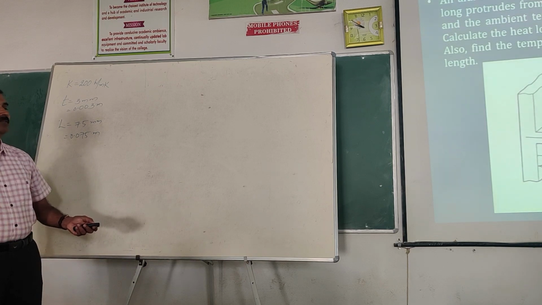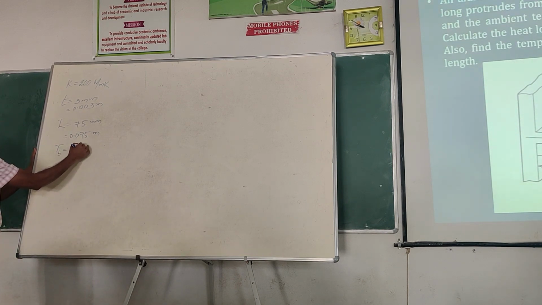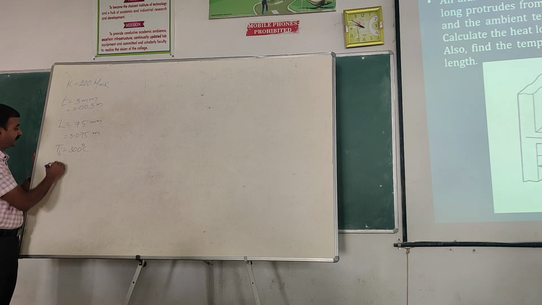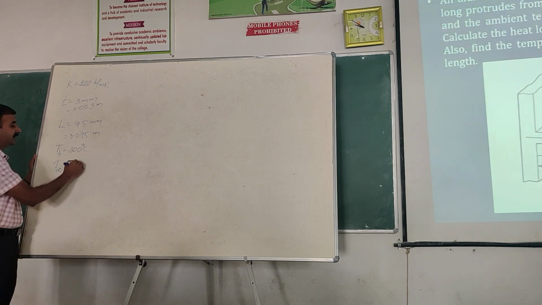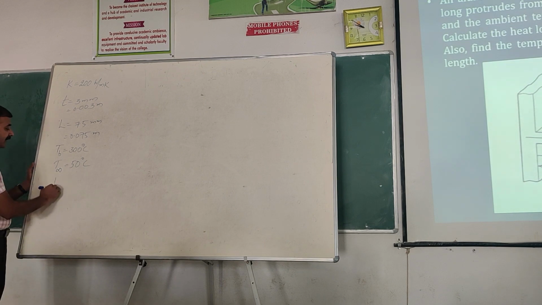So any point between these two is the x value. So base temperature Tb is 300 degrees Celsius. Ambient temperature T infinity is equal to 50 degrees Celsius. h value is 10 watts per meter square Kelvin.